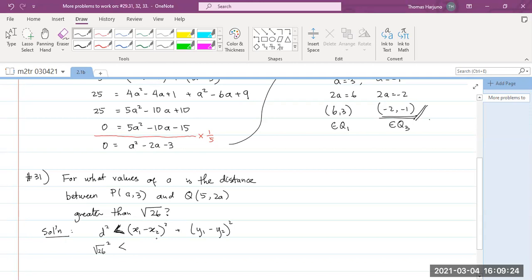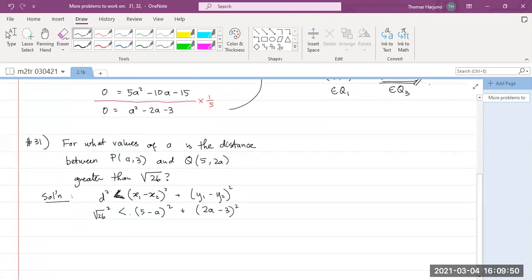Okay, and then x1 is a, minus x2 which is 5, plus y1. Hold on, that's okay. So this is my x1, this is my y1 and y2. So this will be 2a minus 3. Then square root of 26 being squared is just 26.